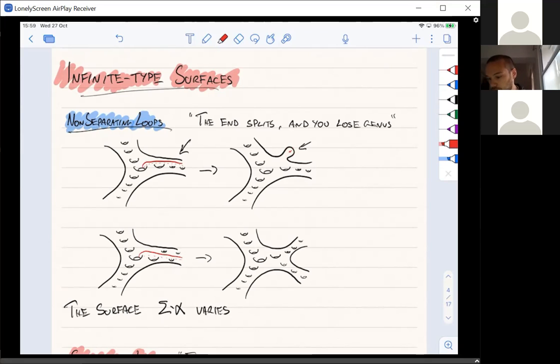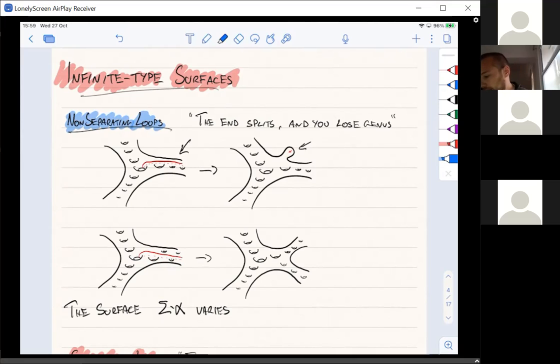However, if I drew my arc slightly differently, as I've drawn it in the second picture down here, you can see that this arc now weaves in and out of these genus 1 subsurfaces, weaves in and out all the way from infinity back into the surface and back out again.